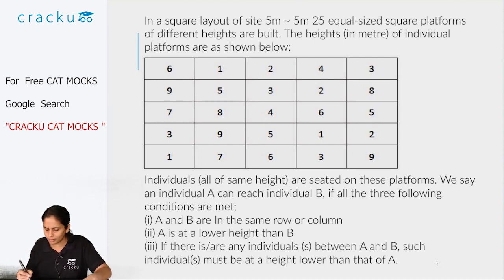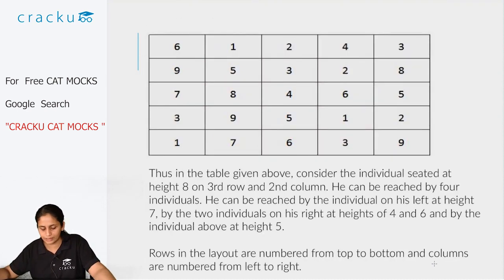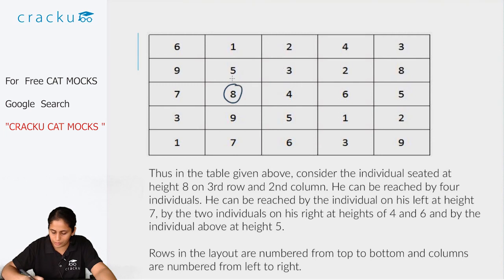So it's pretty simple. For example, I think they have given it in detail. Thus in the table given above, consider the individual seated at height 8 on third row and second column. So they are talking about this guy. He can be reached by the individual on his left at height 7 because 7 is less than 8, and by the 2 individuals on his right at 4 and 6.